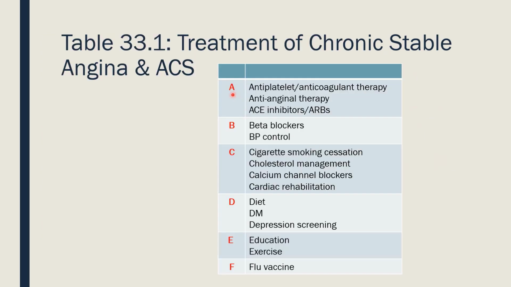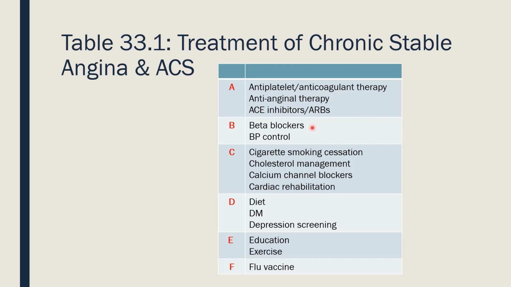Now, to treat the patient with coronary artery disease, okay, and even with chronic stable angina and ACS, because I don't want you to get confused, most of the things here that you see we also do to patients who have CAD or coronary artery disease. Like, for example, if they are at risk to have high blood pressure, then of course we give them beta blockers, ACE inhibitors, diuretics.